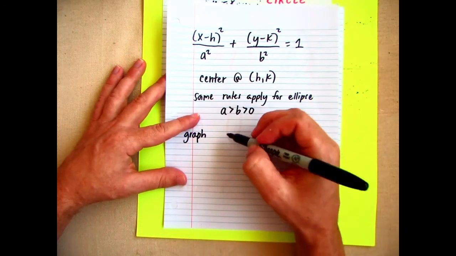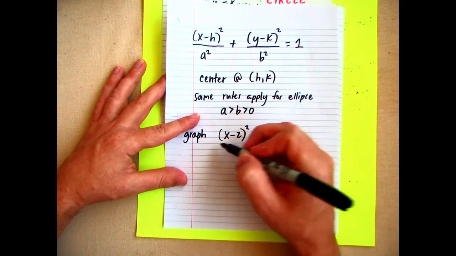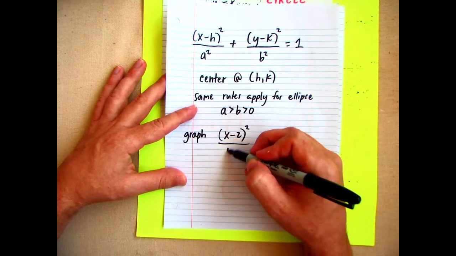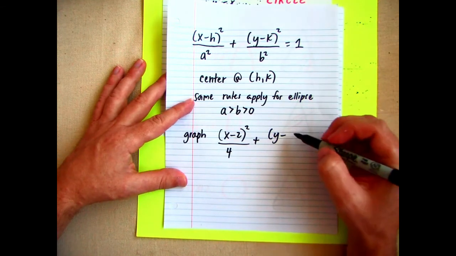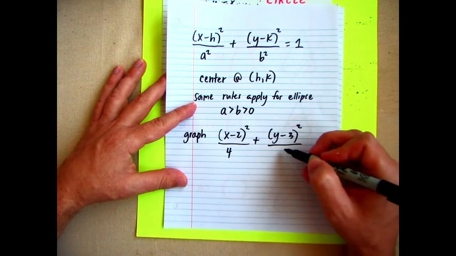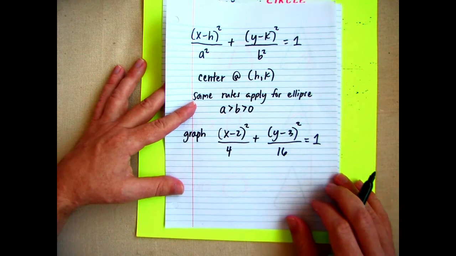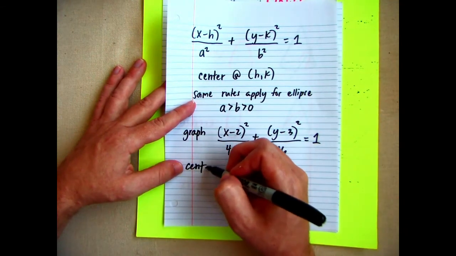It's longer vertically than it is horizontally. So here's an example. X minus 2 squared all over 4 plus y minus 3 squared all over 16 equals 1. Remember that with ellipses it has to equal 1 at the end.